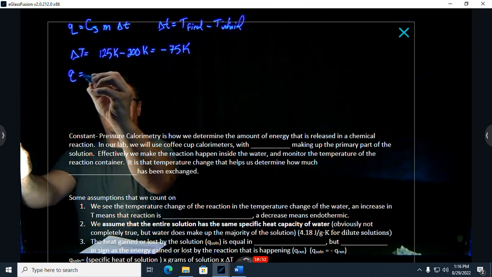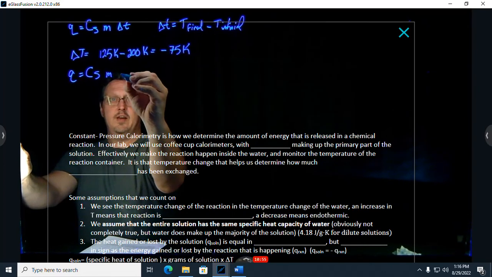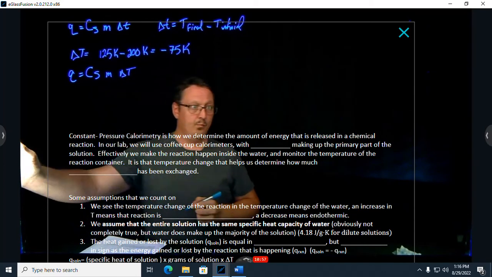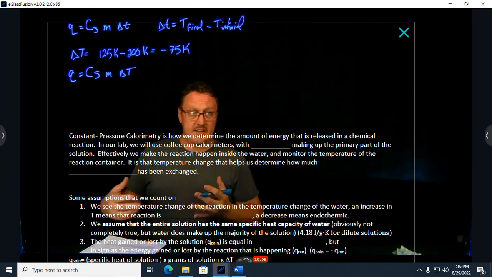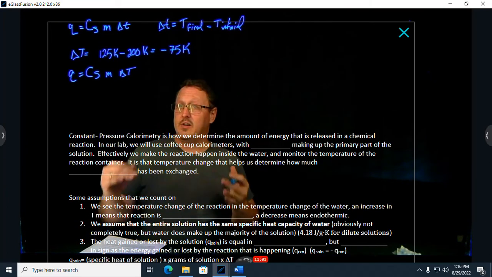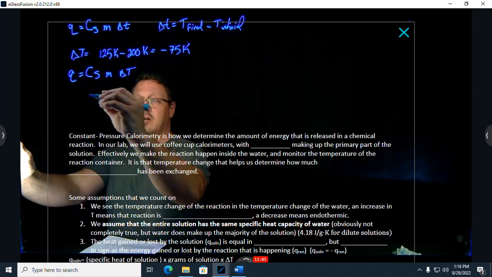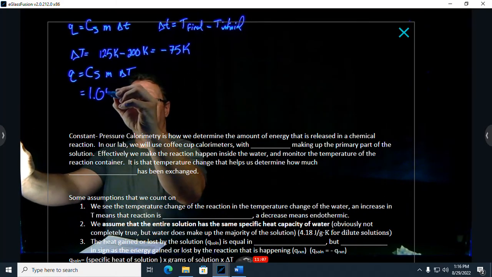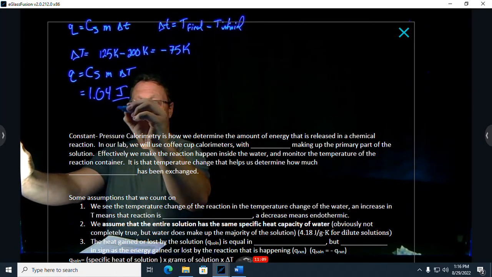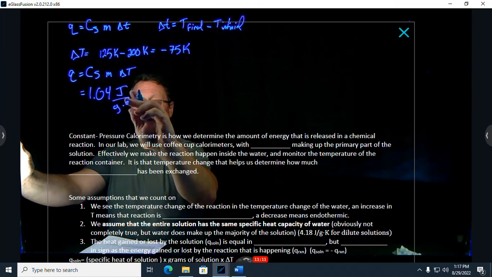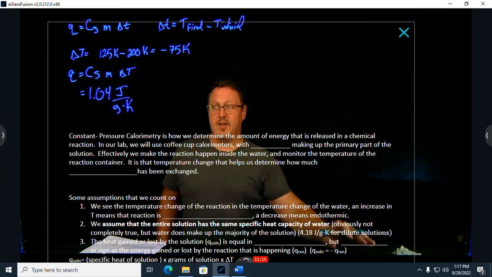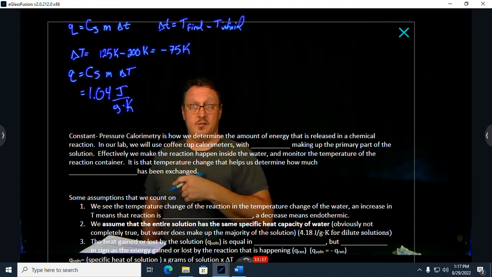So Q is Cs times m times ΔT. My Cs, my specific heat capacity for nitrogen gas, is going to be 1.04 joules per gram times degree K, or Kelvin. With Kelvin we don't actually use the degree sign, so that's why I erased it.